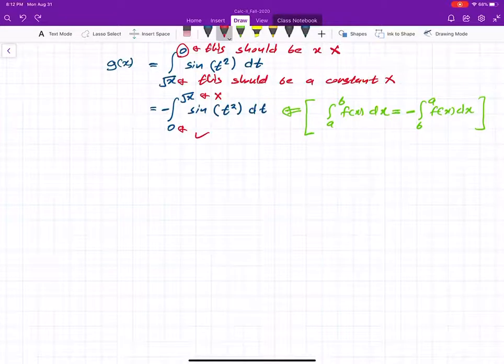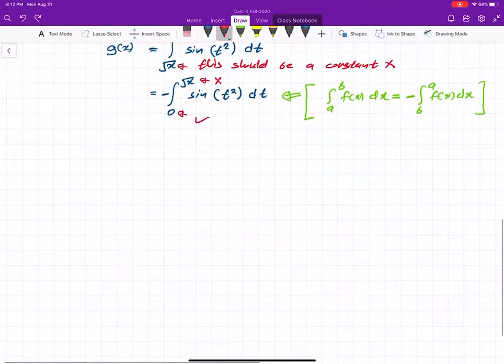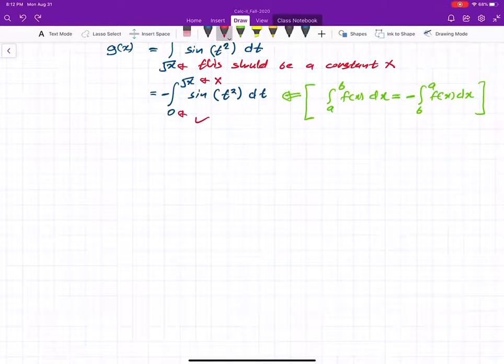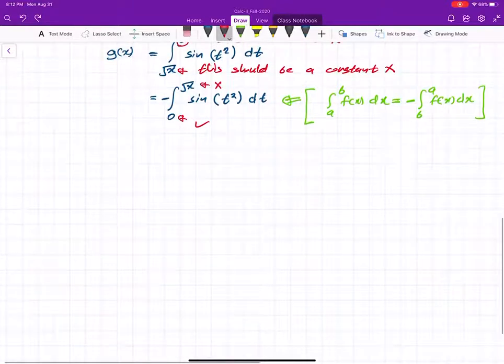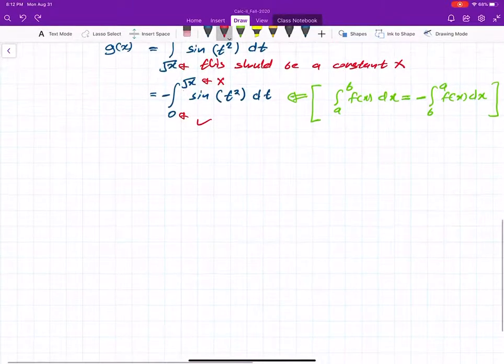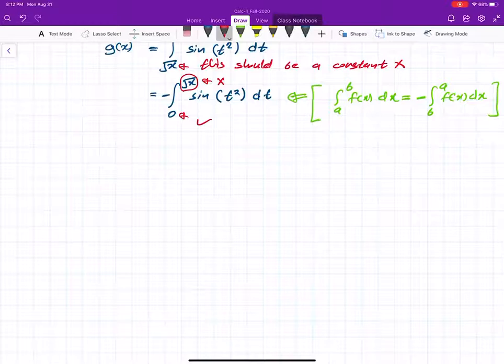All right. Now what should I do? In this case, I'm going to use a substitution. The substitution is u equals square root of x. Because this is square root of x, I have to get rid of that square root of x and put a variable like x or maybe like u.